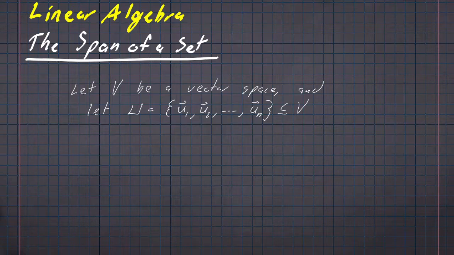It is convenient to have a finite number of vectors in set U. Technically, this works for infinitely many, but you have to get into some calculus stuff that I don't want to deal with in this course.